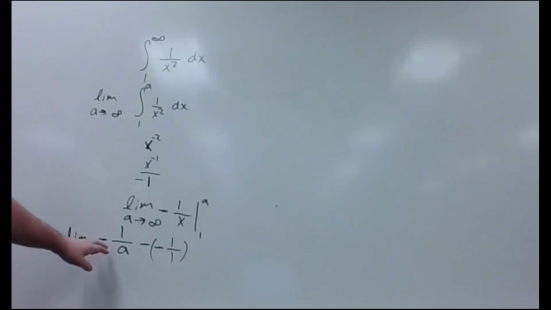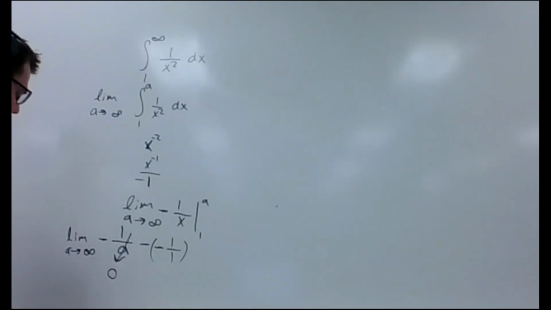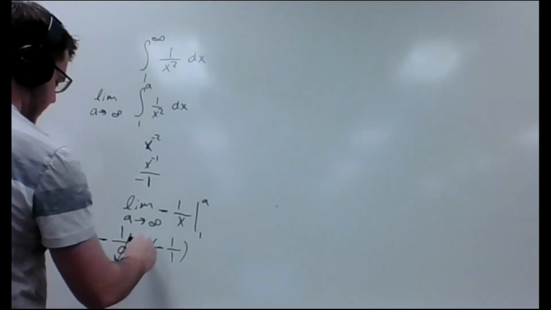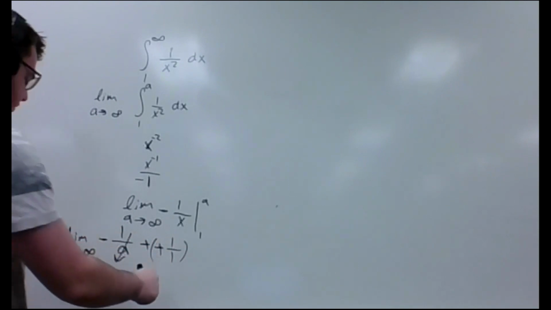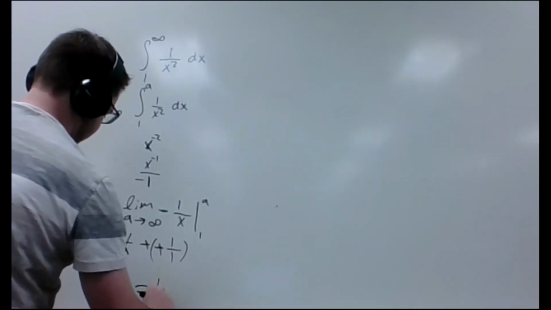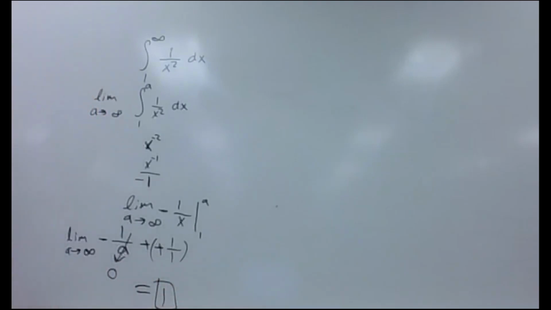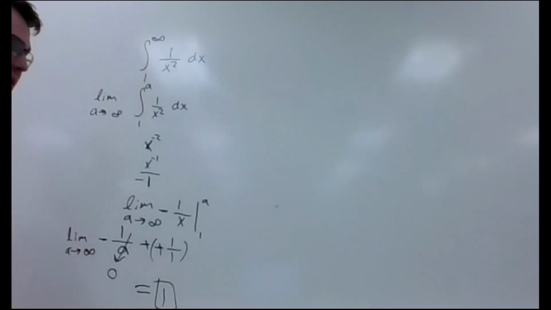And if we think about this, if we have a number and the bottom approaches infinity, this is essentially going to go to 0. If we take a number and divide it by an infinitely large number, it goes to 0. And then we have this negative minus a negative 1, so that becomes 1. And so really, the answer to this problem ends up being 1, which is kind of interesting when we think about taking an infinite limit, and we get out a definite answer.